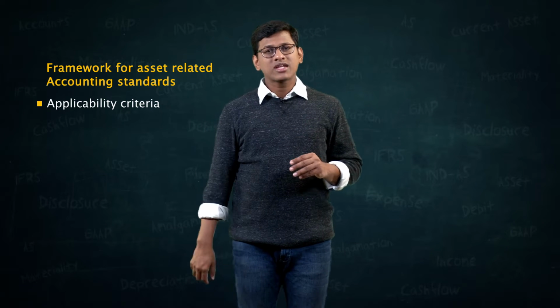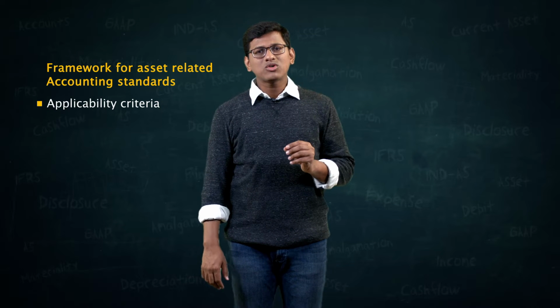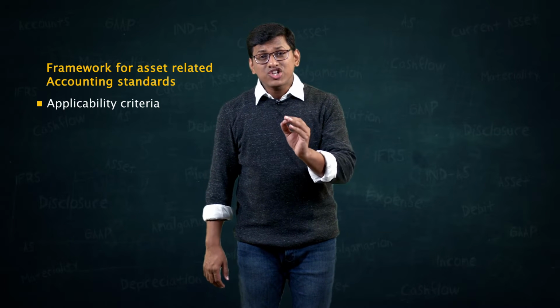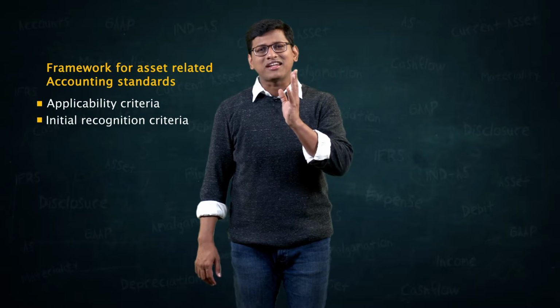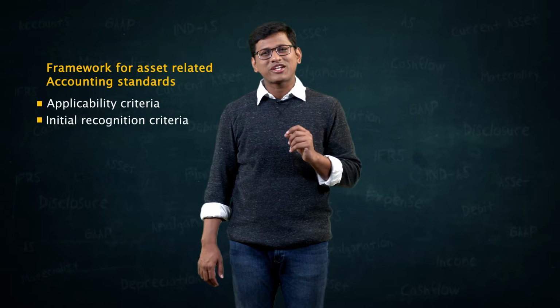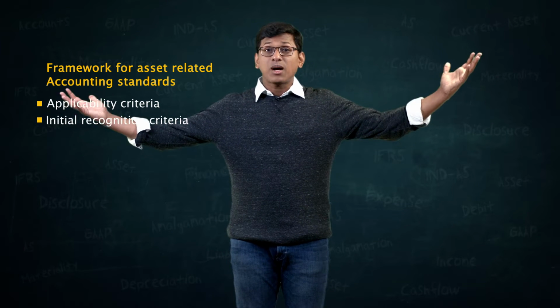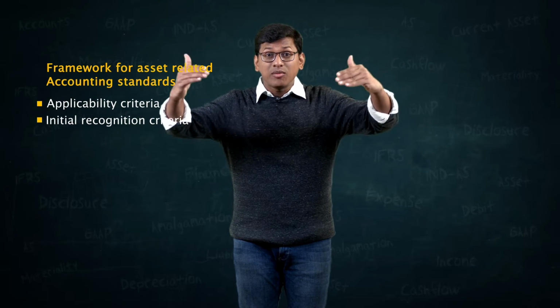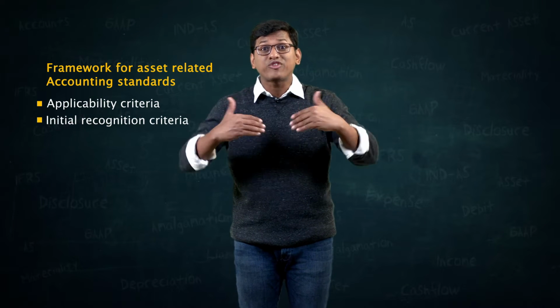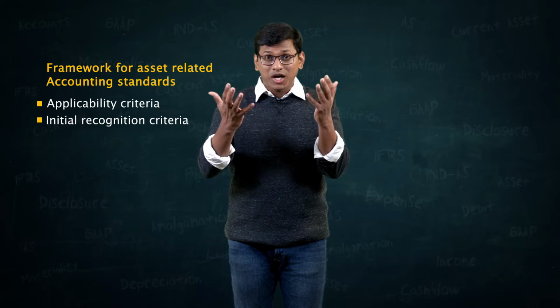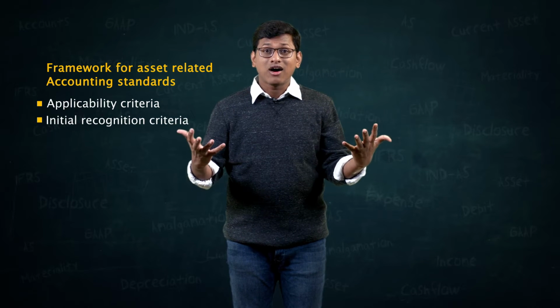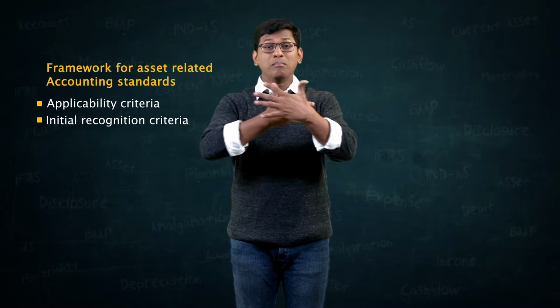Second aspect, this standard will talk about something called as initial recognition criteria. What is the meaning of initial recognition criteria? From somewhere this asset will come into our books of account for the first time, right? Maybe, say for example, car or camera or machinery.